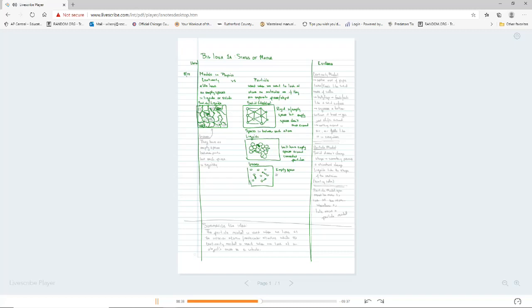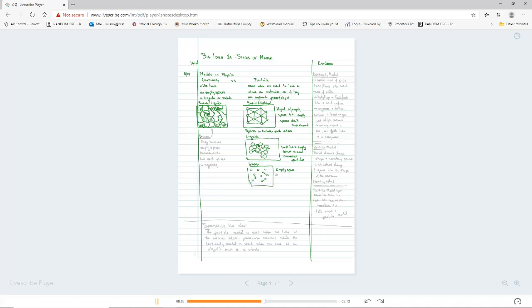That indicates there are different materials or different size atoms or something. As we look through here, we can see that these individual pieces have their own sort of personality, and yet there's no gaps in between them. We're going to give the evidence for that on the right-hand side, so hang on to that.